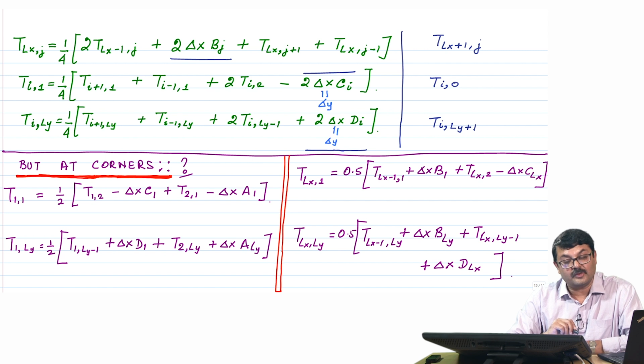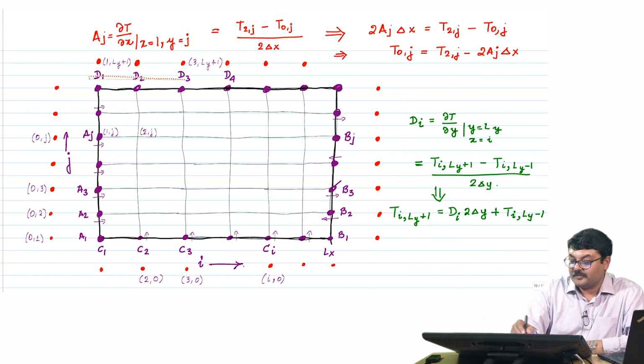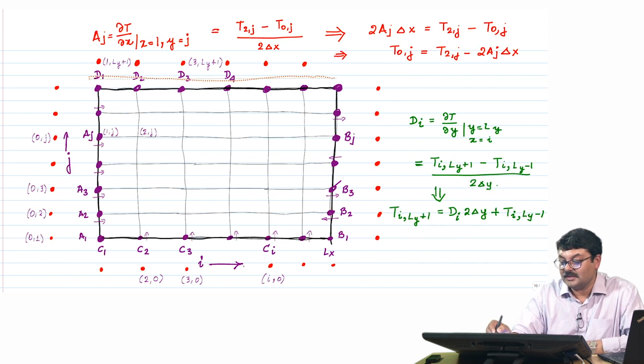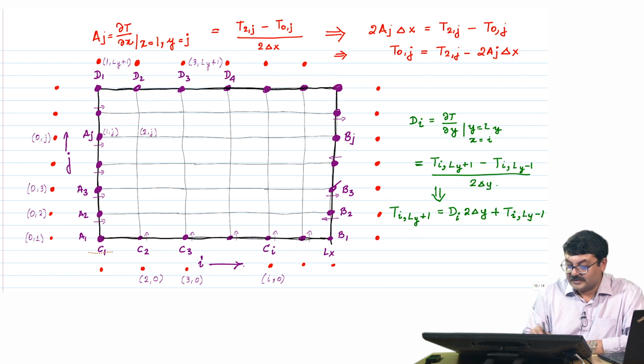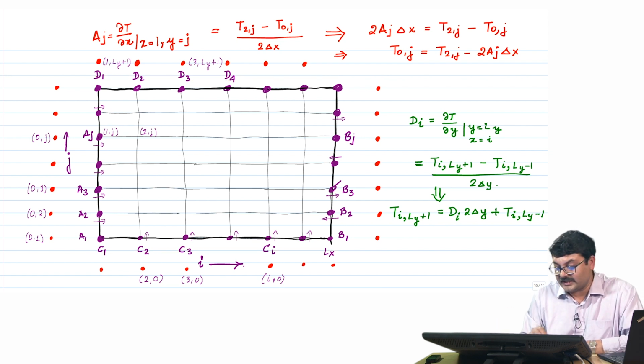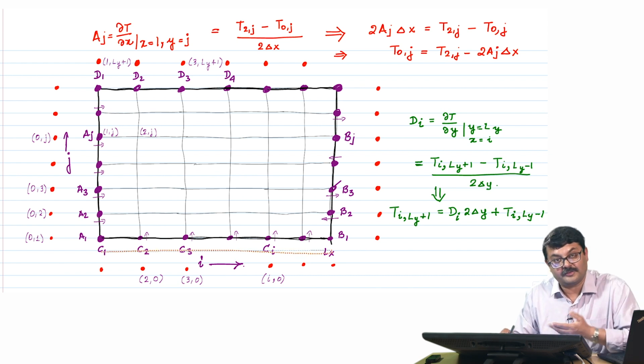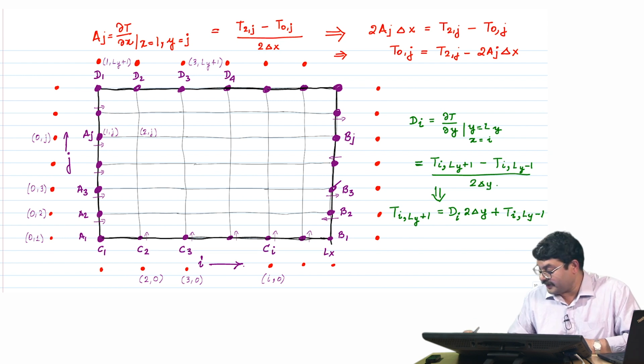Similarly, along the other boundaries, what you have specified is D 1, D 2, D 3 along this boundary, and C 1, C 2, C 3 along this boundary, as you change x, right, and at each point you could have different amounts of heat coming in at different points of i.